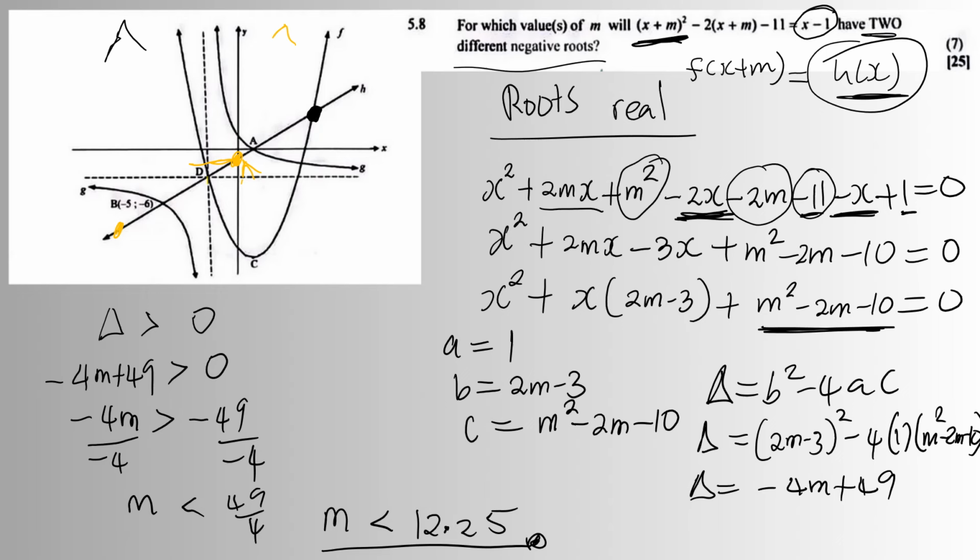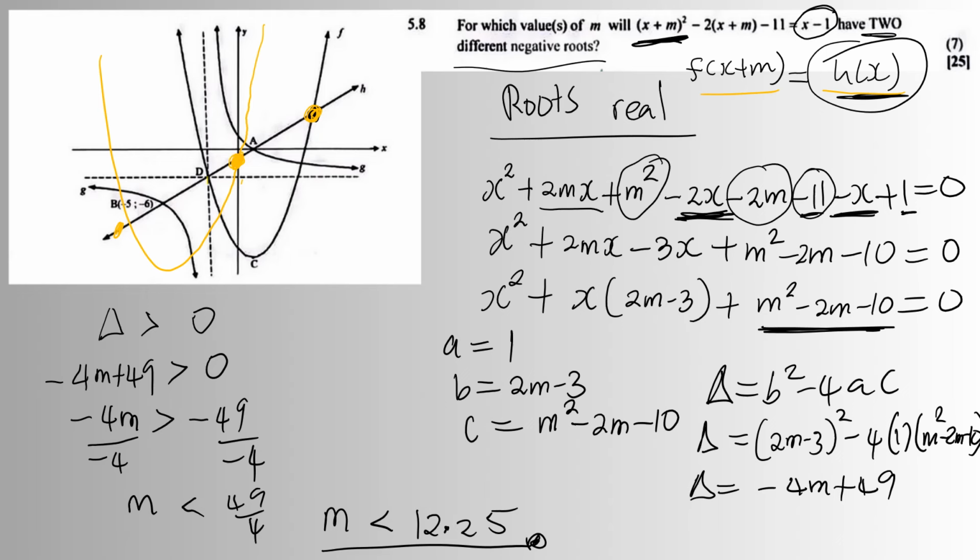So now we just got the restriction that m must not exceed 12.25, but we do need to know the value of m when you shift that point there, because they are saying the two graphs are equal but with negative roots. So for me to get that shift, I must shift it to the y-intercept of that graph, right?